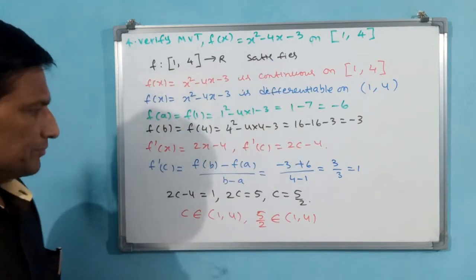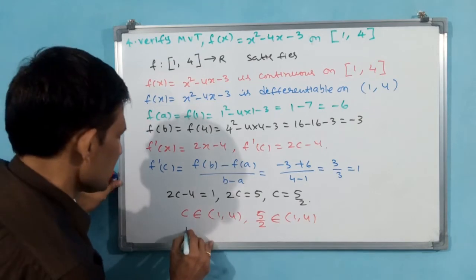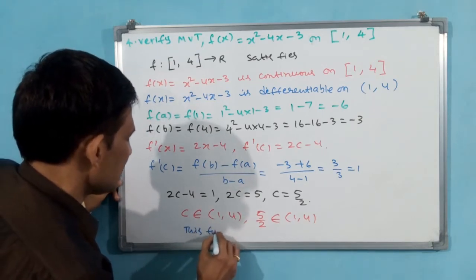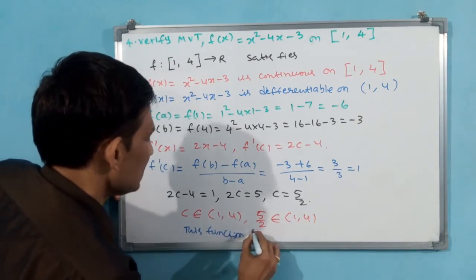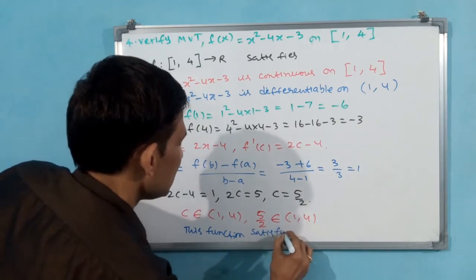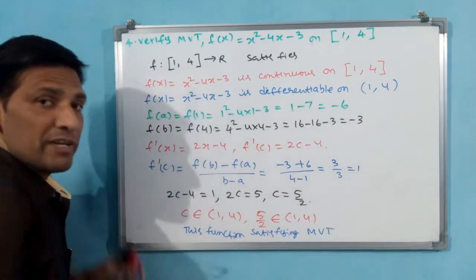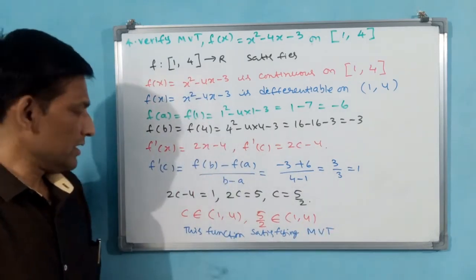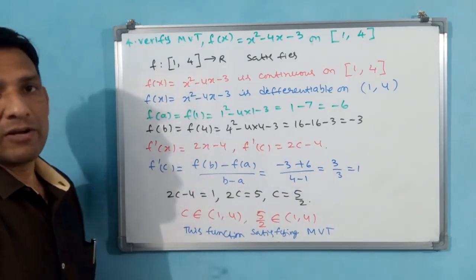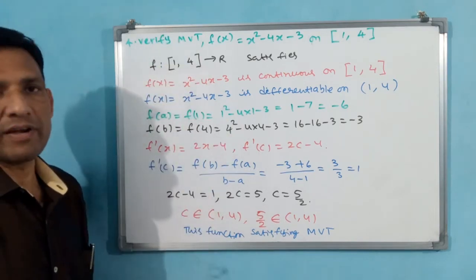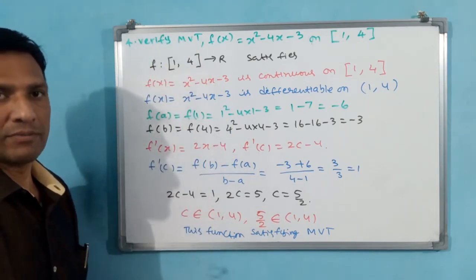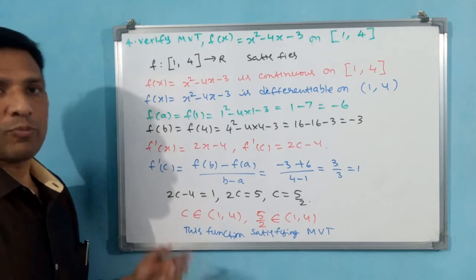Write down: this function satisfying mean value theorem. You write mean value theorem, don't write MVT. Why? Because all conditions are satisfied for the mean value theorem. Like this you have to proceed.